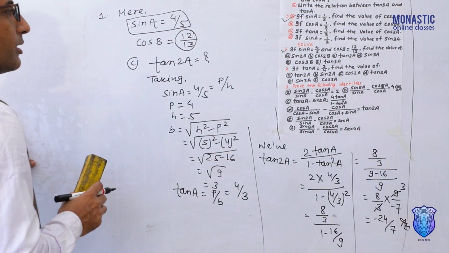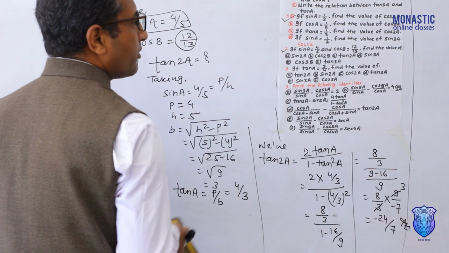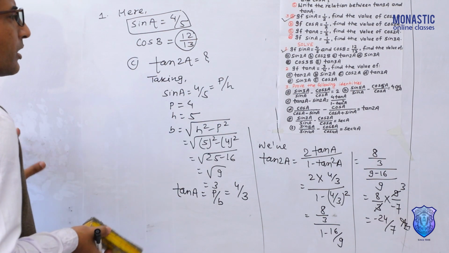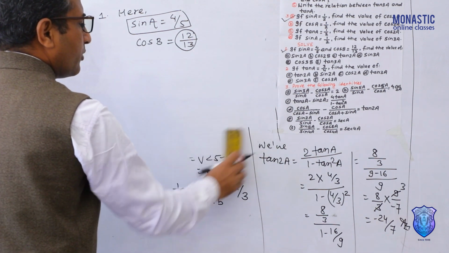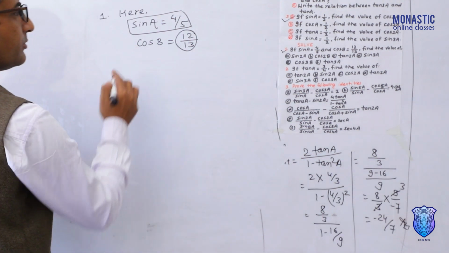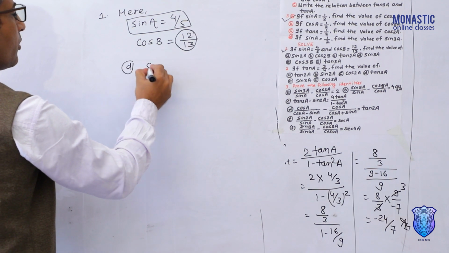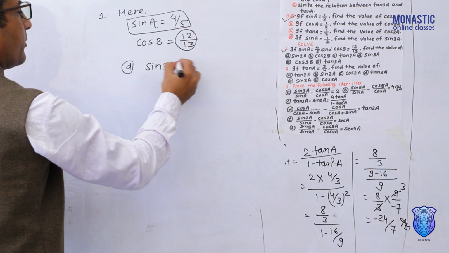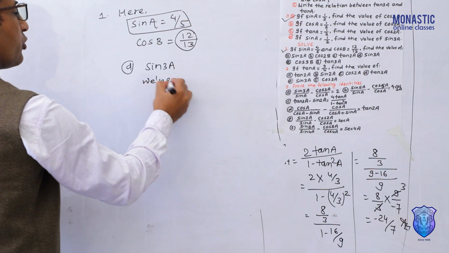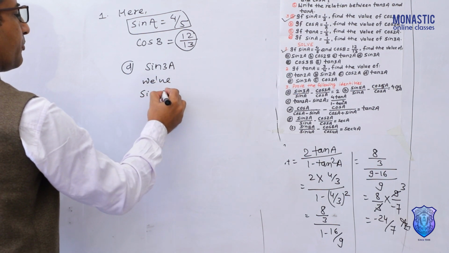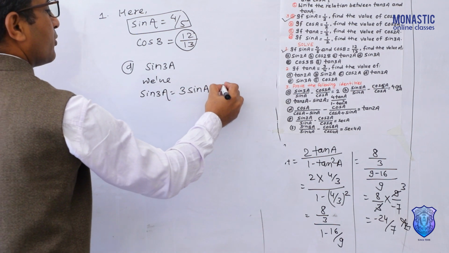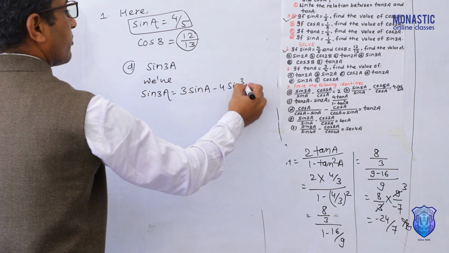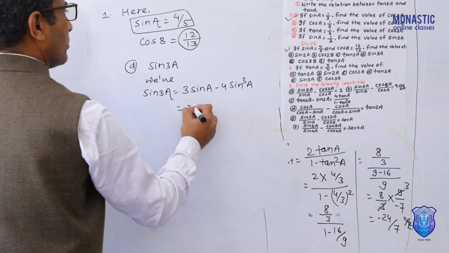In this way, you can find another value, that is sin 3A. So we have a formula for sin 3A. What's the formula of sin 3A? We have sin 3A equal to 3 sin A minus 4 sin cube A. Substitute the value.